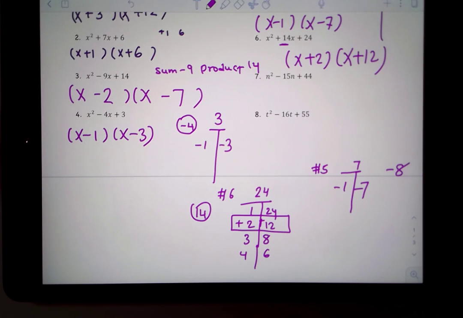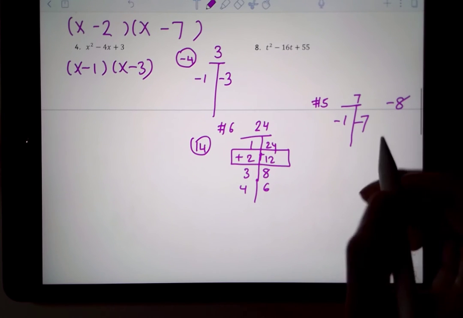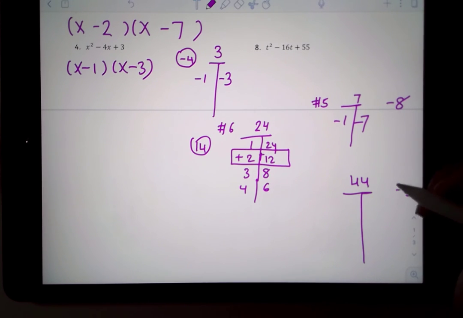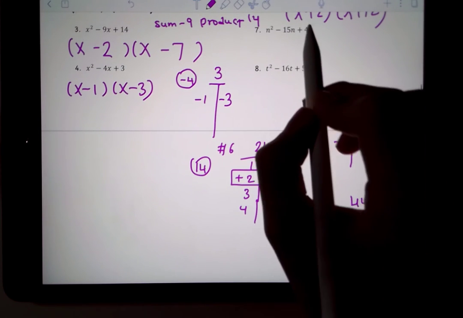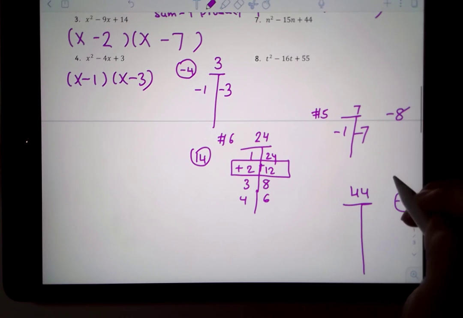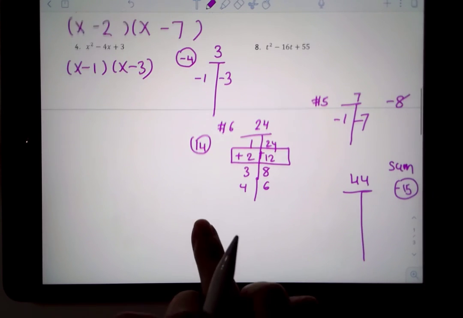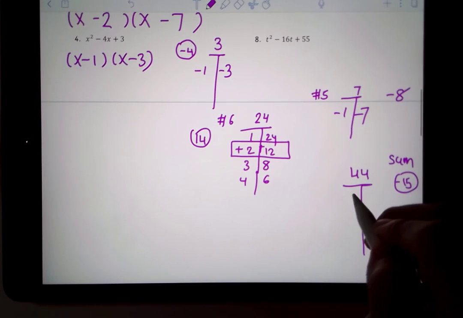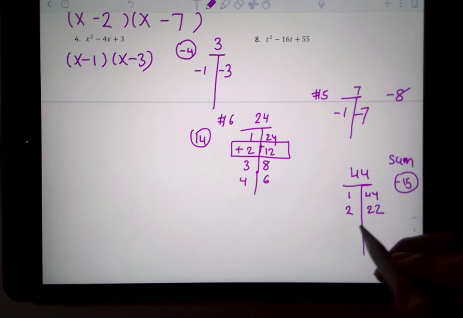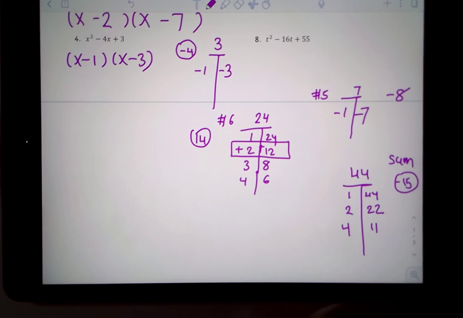Okay? And number 7, 44 and negative 15. So 44, and we want to get negative 15. In front of 44 you have plus, so we are looking for a sum of negative 15. So 1, 44, 2, 22, and 4, 11.